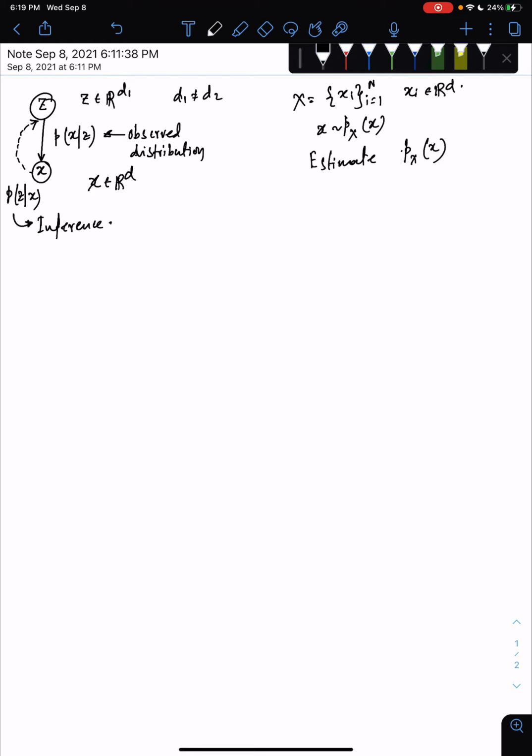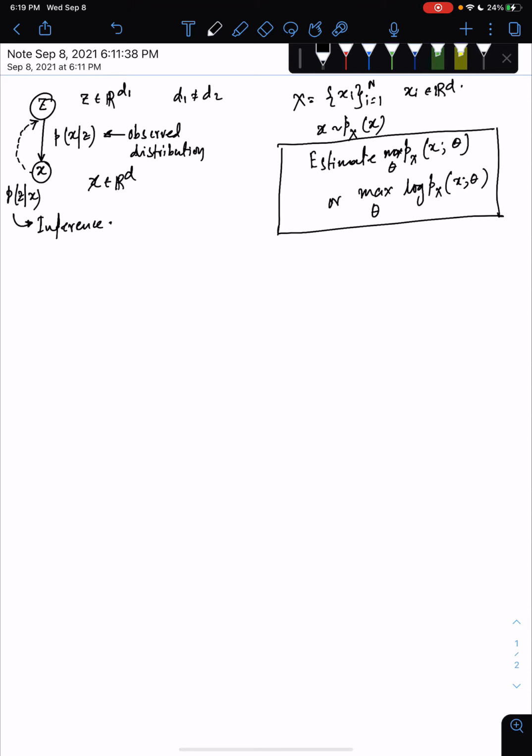This is called maximum likelihood estimation. We can write it like this: max over theta of log p(x). This is called maximum likelihood estimation. Or we want to calculate this other thing.